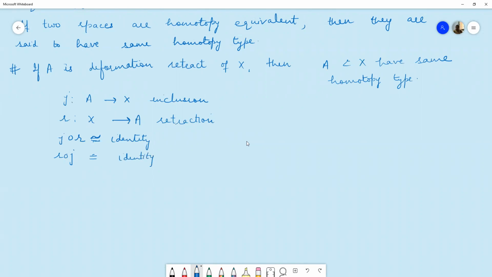So we can define two mappings, one from A to X and the other from X to A, such that both the compositions are homotopic to identity. So we can say they have the same homotopy type.